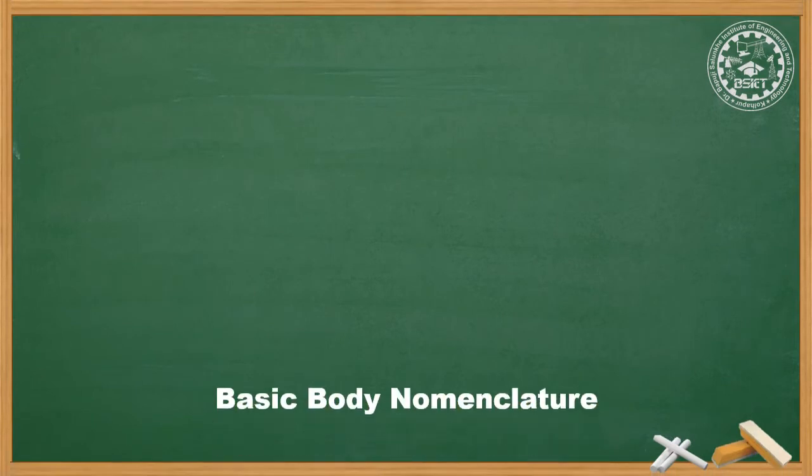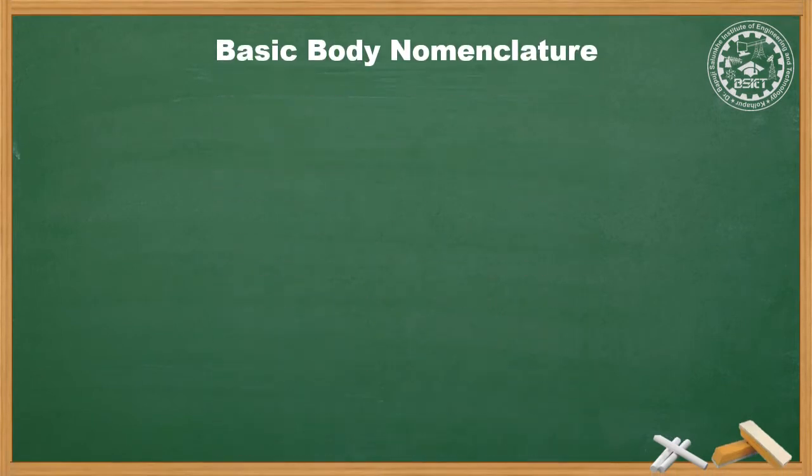Starting with first, basic body nomenclature. Basically, the car body is manufactured from many sheet metal panels joined by spot welding to together form a single solid unit.